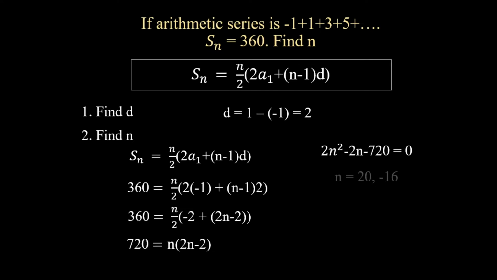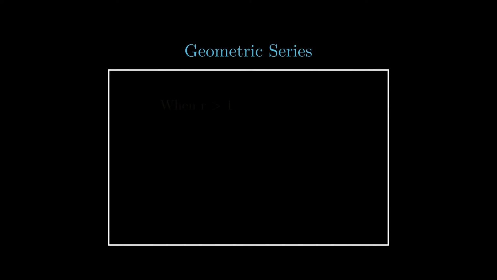Solving for n, you'll get 20 and -16. n cannot be -16, since n represents the n-th term of the sequence, so it can't be a negative number. So n equals 20.